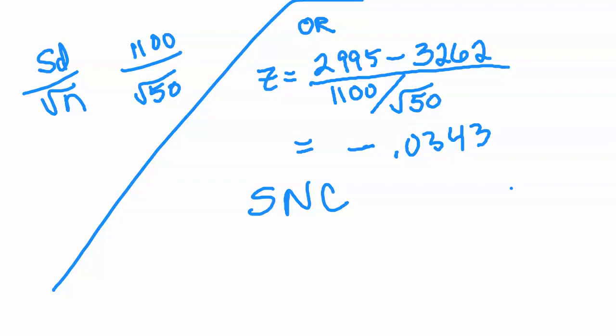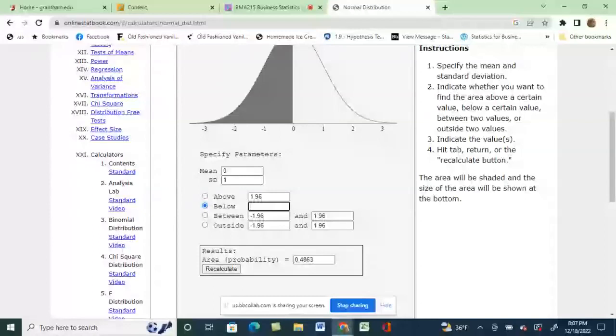Okay, this is minus 1.7163. See, and I get the same answer, 0.043, 4.3%.